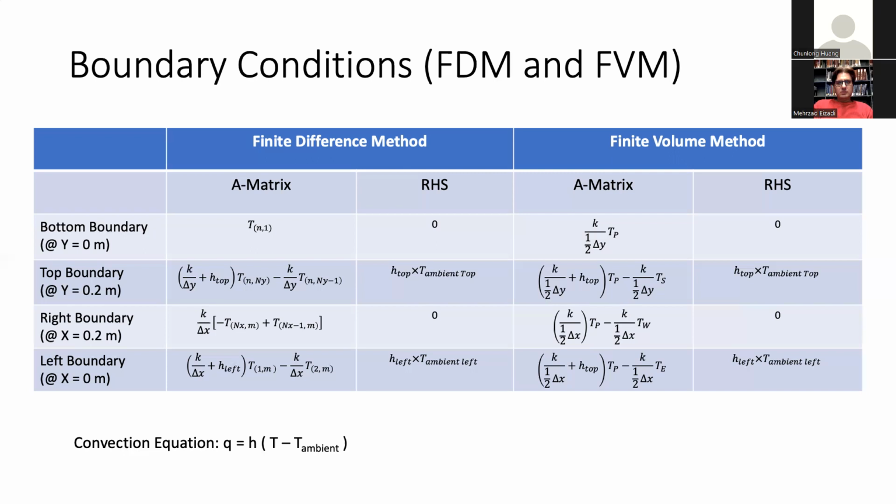Then we move all the unknowns to the left hand side and put all the knowns to the right hand side. That's why we come up with the known value shown on the right hand side.